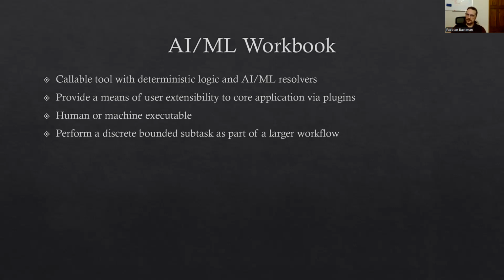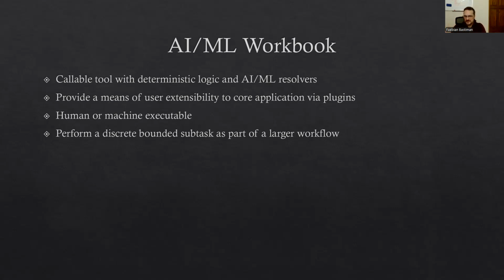And it provides a means for the user to extend the Unicorn 1 core program because they can add these AI/ML workbooks as plugins. They can be executed by a human, or by a machine, so they can be scheduled and executed by the agent.